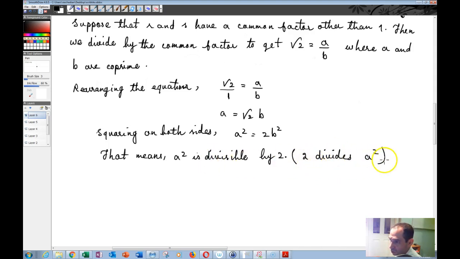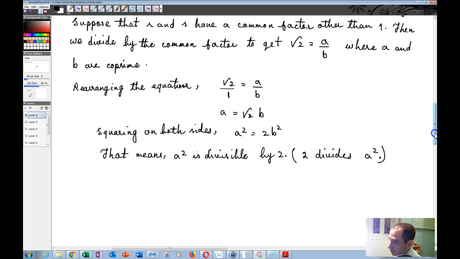So when you say 2 divides a squared, that means the same thing as a squared is divisible by 2. Okay? Now we have a theorem that we will talk about later, but for now I'm just going to use the theorem without proving it.